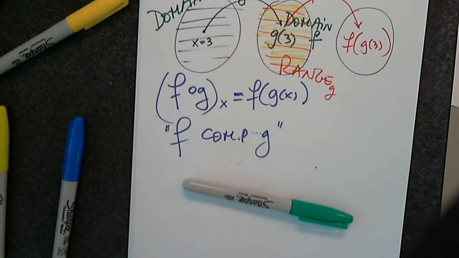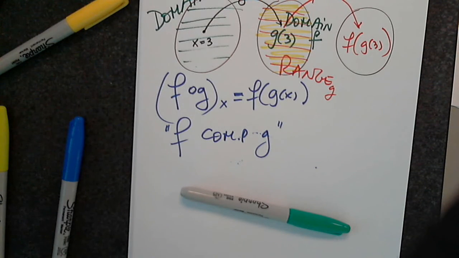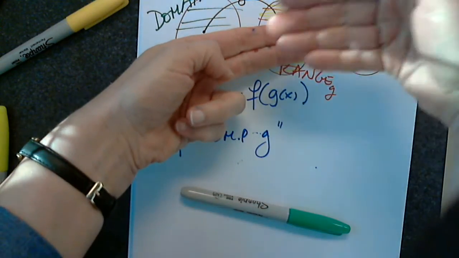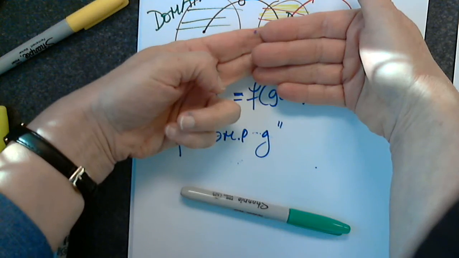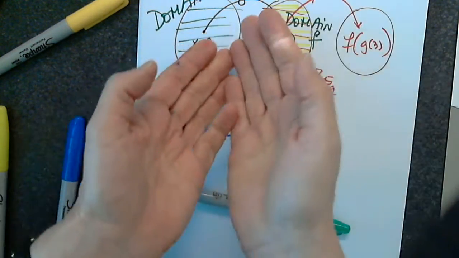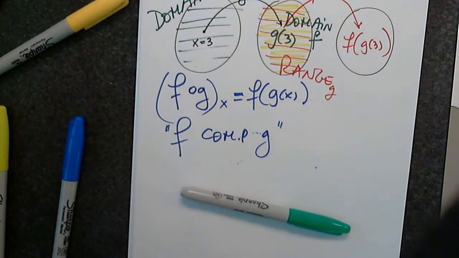In this class, we are not asking you to determine the domain of the function composition, but I'm just pointing out what could go wrong. So what can go wrong? That the range of G and the domain of f do not work well together. That will break the chain. That's all I was going to say about that.